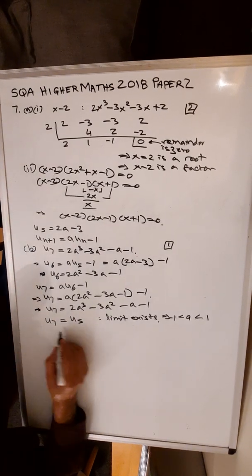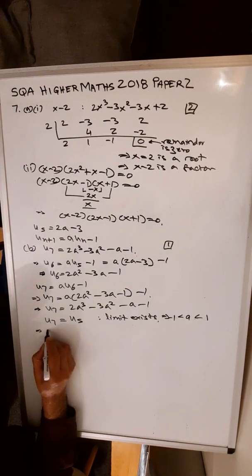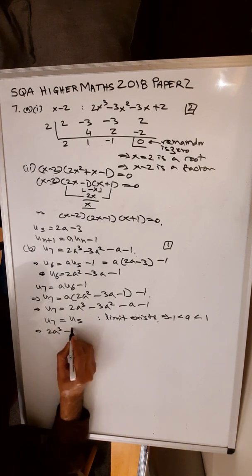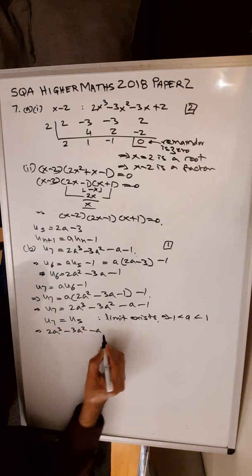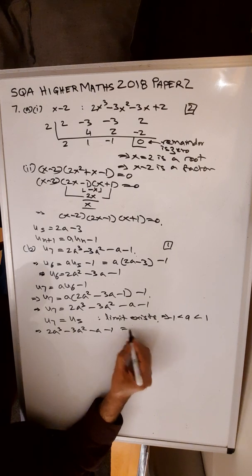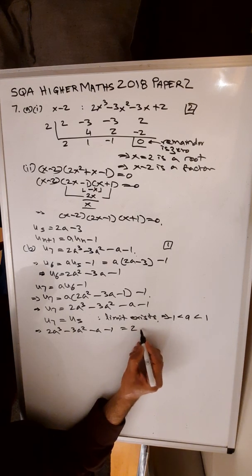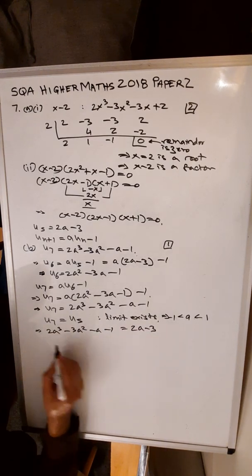Okay, so u7 is equal to u5, so that means that 2a cubed minus 3a squared minus a minus 1, which is u7, is equal to u5, which is 2a minus 3. You bring this to the left.